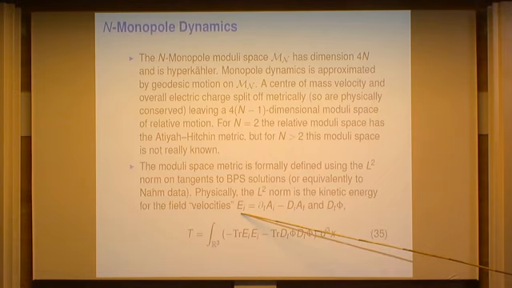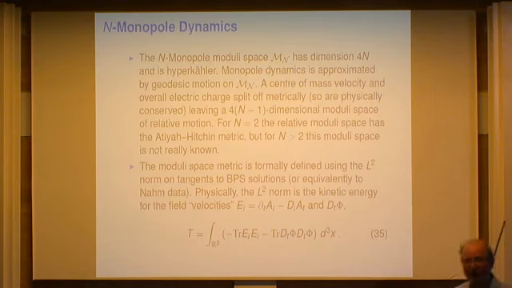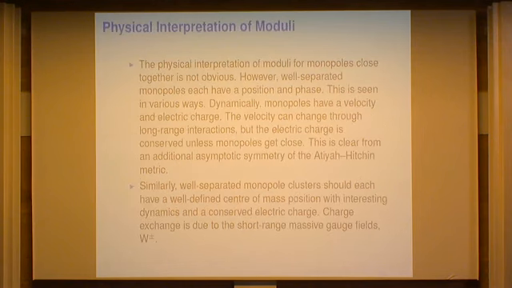So again, the electric field is basically the time derivative of the gauge potential, and this is the time derivative of the Higgs field, but with correction terms that project out the part of these time derivatives that are orthogonal to gauge orbits. So it's the same idea as for vortices to define this, and it's equivalent to the L2 norm on the quotient space of the field theory by gauge transformations.